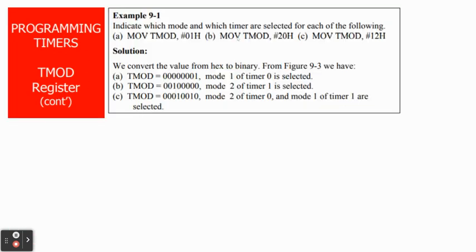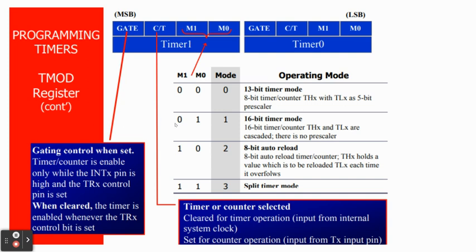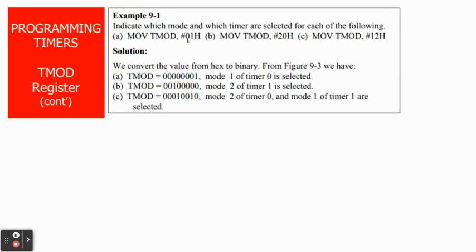So in this example, the 1 is represented by 0001. Therefore, 01 means M1 is 0, M0 is 1. That's mode 1. So this is actually timer 0 mode 1.